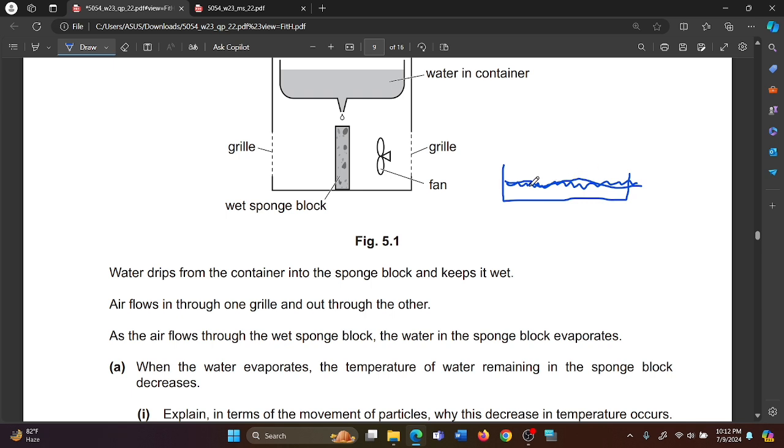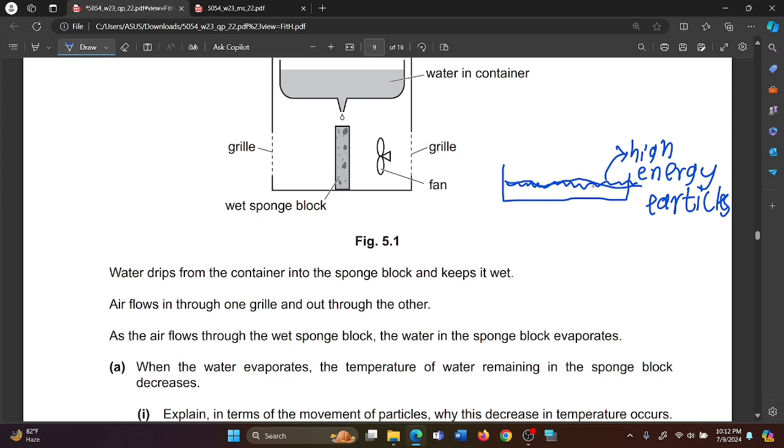High energy molecules at the surface of the water escape. This exact line represents a high energy molecule. High energy particles. Molecules and particles basically mean the same thing in this case, not in every case, but in this case.